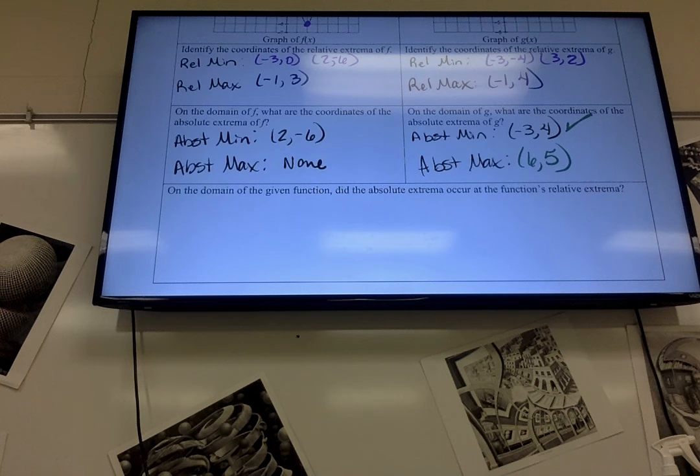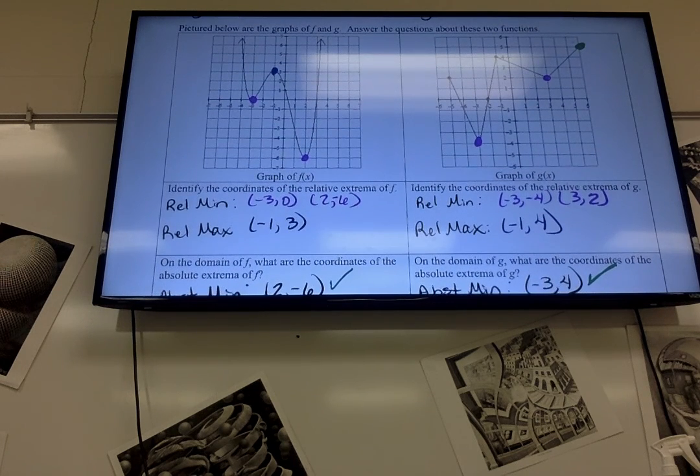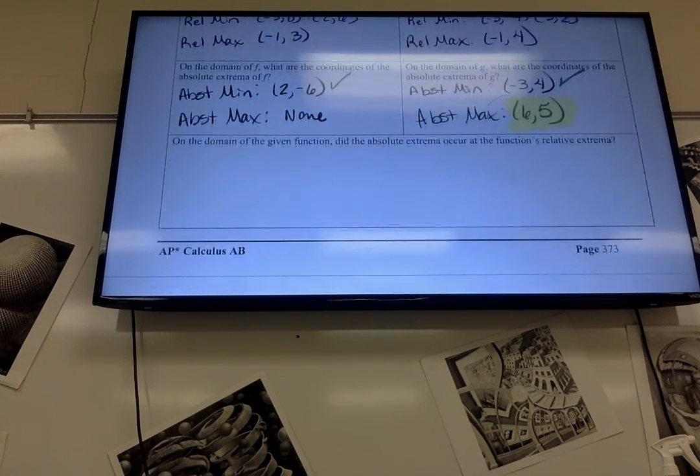Yeah, and on here it did. What about this one? No. Where did it occur here? Where was it on the graph? At the end. It was at an end point. That's absolutely right.